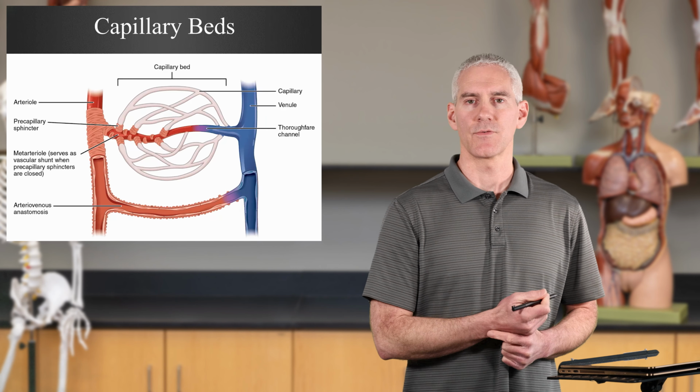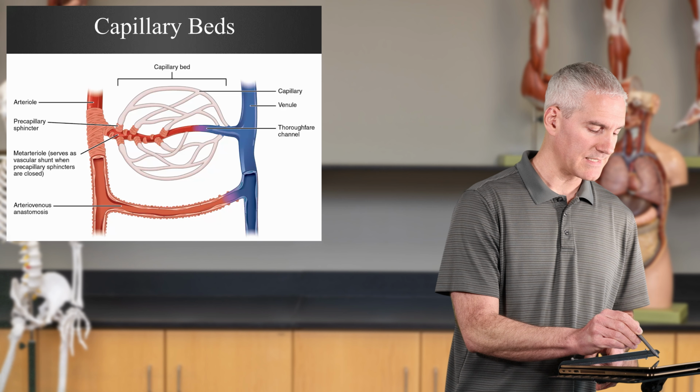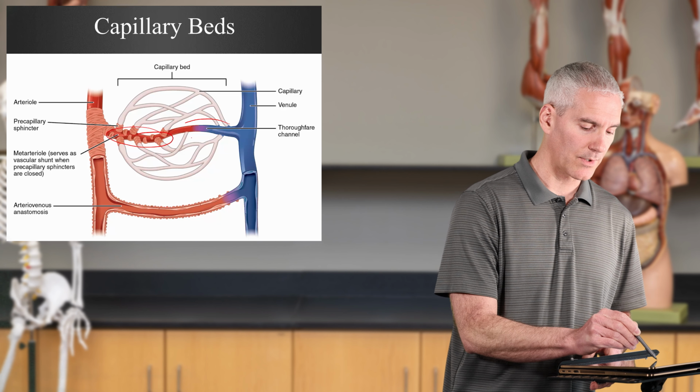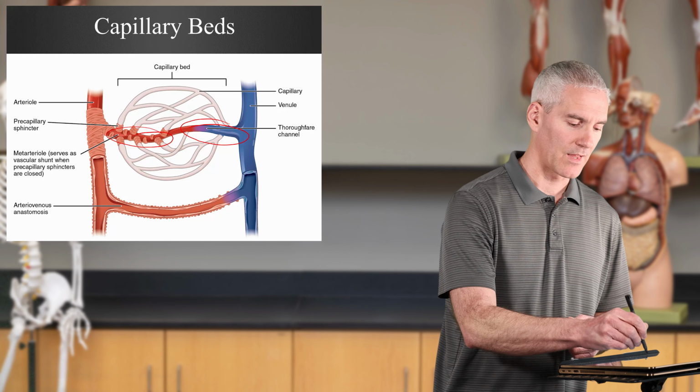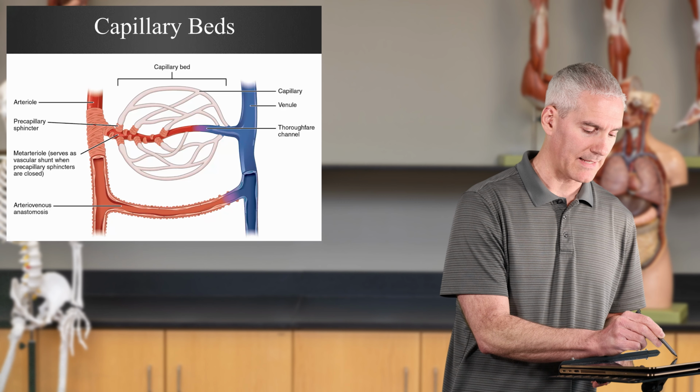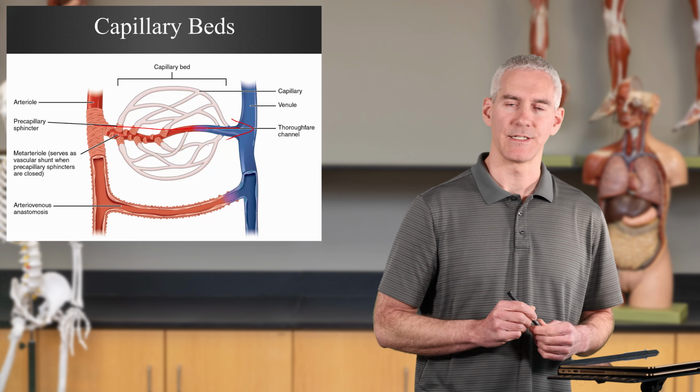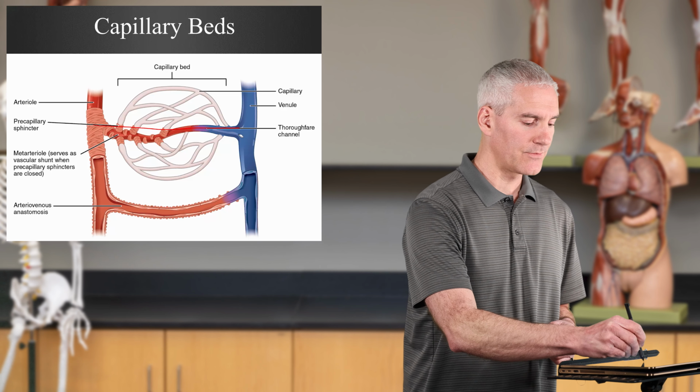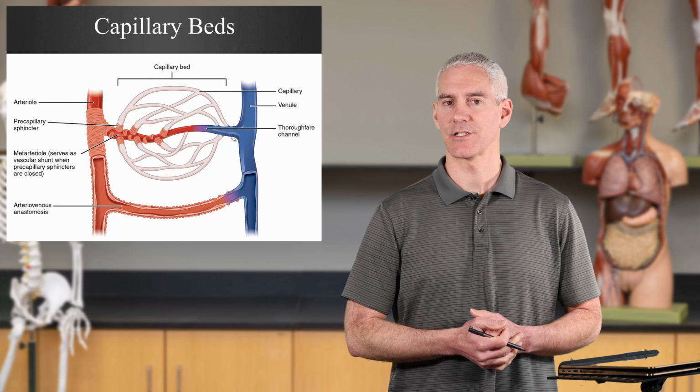So if we look at this one, we'll see on the side here, this is your arterial. That's where the blood's coming from. This is the venule on the other side, blue. That's where the blood's going to. You'll notice this is the meta-arterial that leads right into the thoroughfare channel. That creates a direct pathway right into the venule. You'll do that again if you don't need to have a lot of exchange.